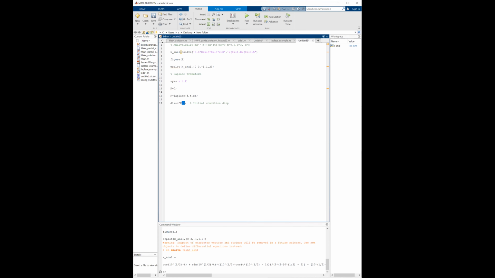Then I need to find out the acceleration term. This comes over here. And I'm gonna type this in the chat window.